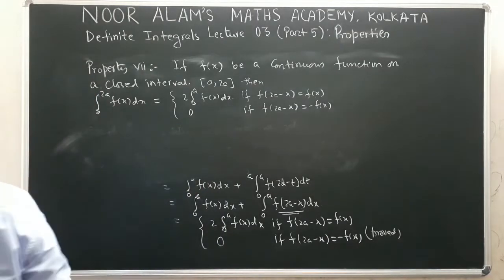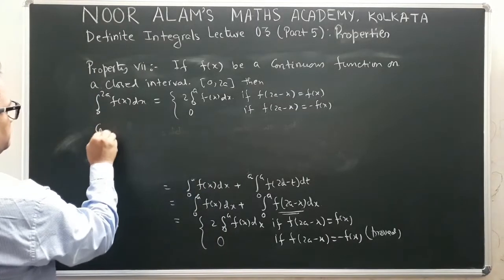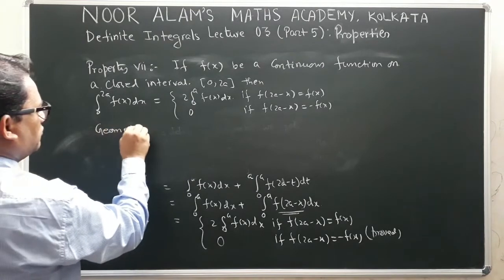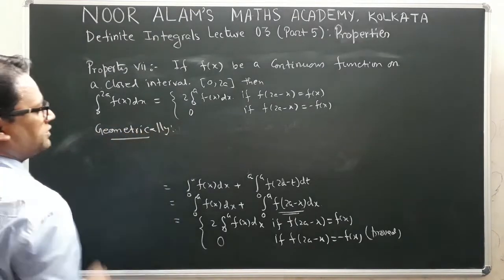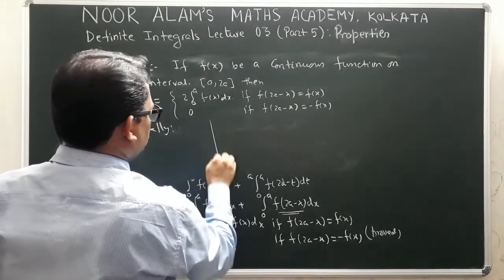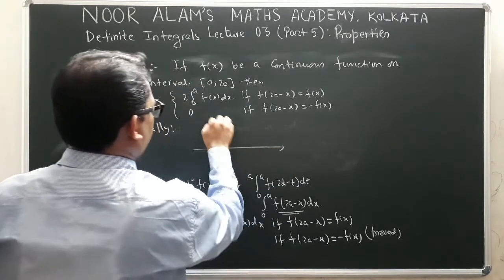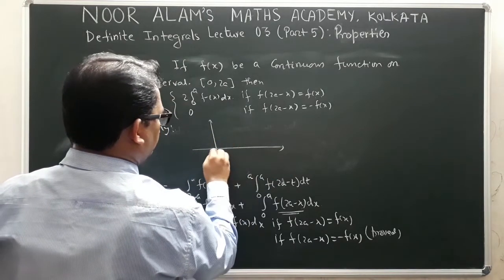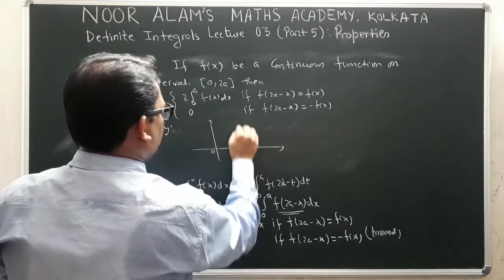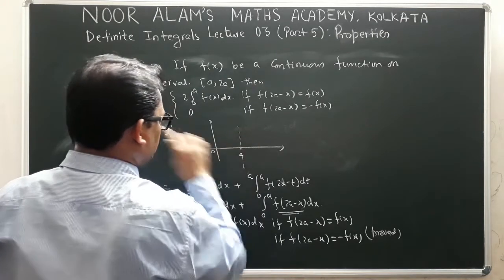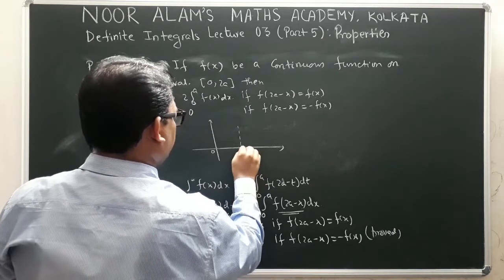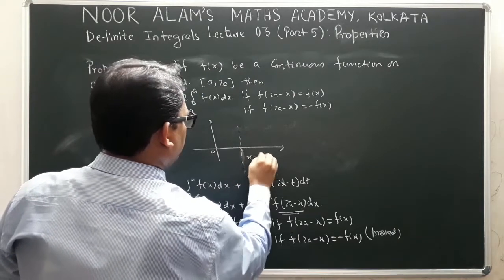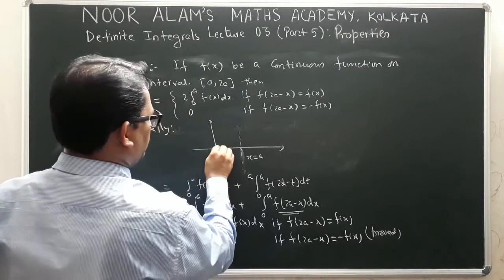Suppose a function is defined like that from 0 to a. The function is symmetric about the line x is equal to a.